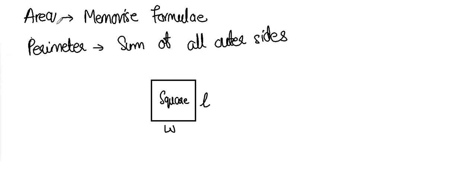So instead of writing W, for my own ease I can signify this as L, length. The formula for the area of a square is very simple: L squared.